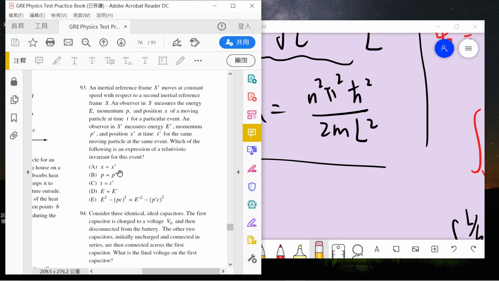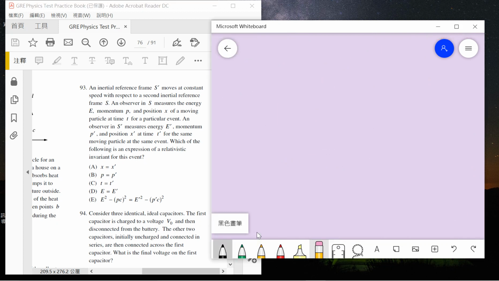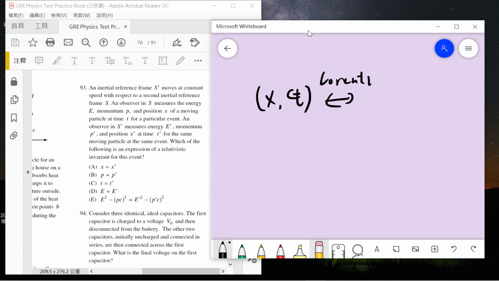We know that x prime must follow the Lorentz transformation, and t prime is also related by the transformation. You know that x and ct have the Lorentz relationship; basically, they are controlled by the Lorentz group.